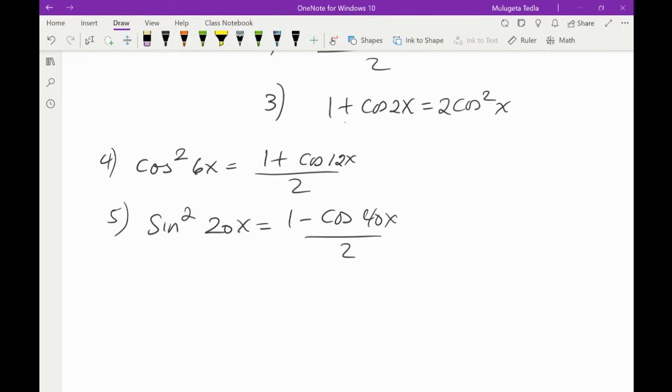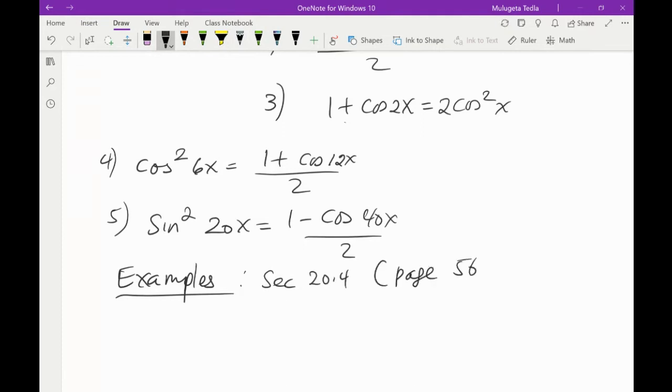But if there is a square root, no square. Okay, let's do page 564 examples on section 20.4, page 564.